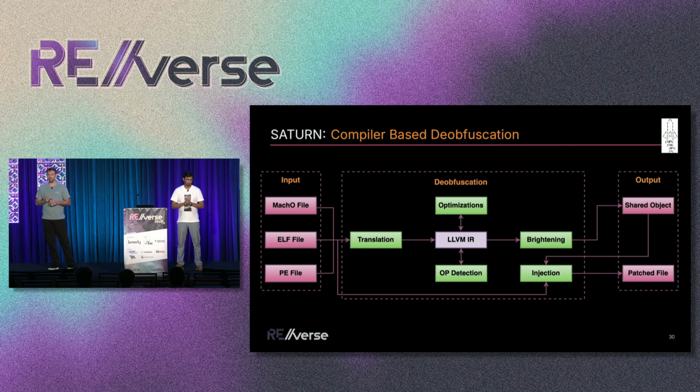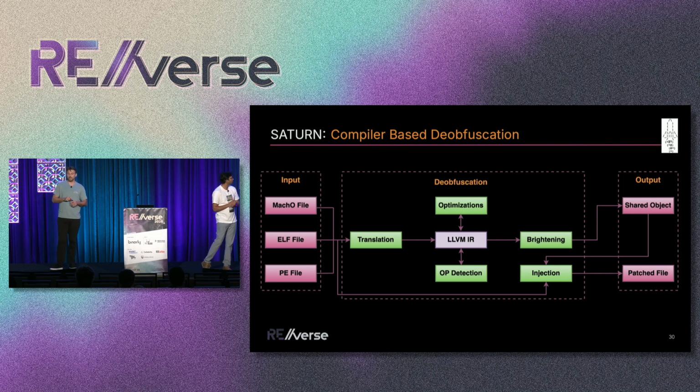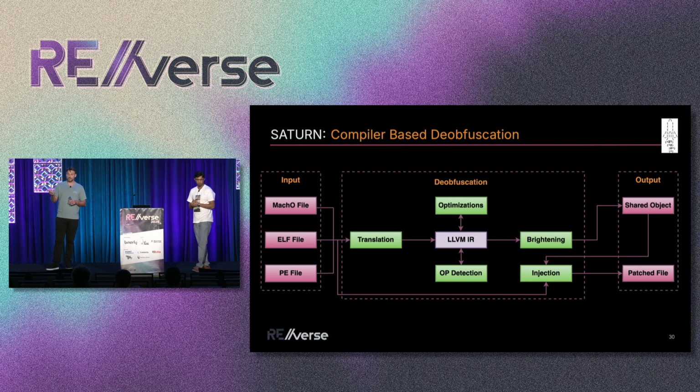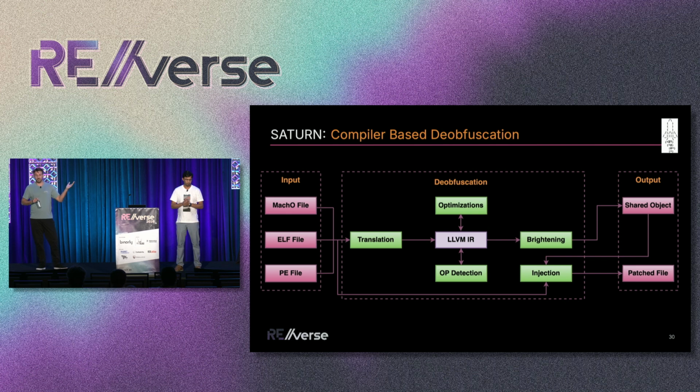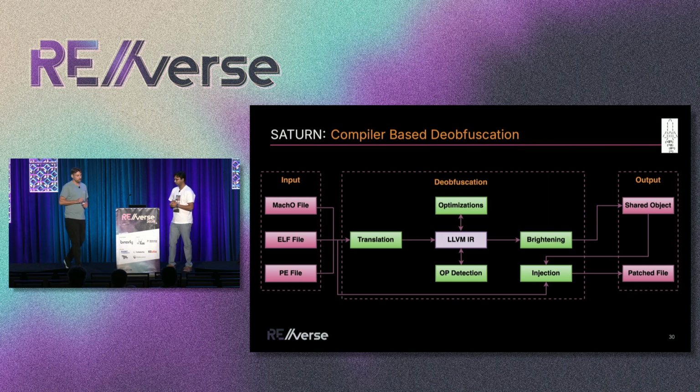Here we call it brightening, so we want to make it readable for humans. You want to reverse engineer the code afterwards, you want to understand what it does, right? So we do this brightening step at the end. And one cool thing about LLVM is that you can always compile down to a binary. Either you started with a PE, you can create a Mach-O at the end, or you started with x86, you can create ARM64 at the end. It doesn't matter, LLVM will take care of it for you.